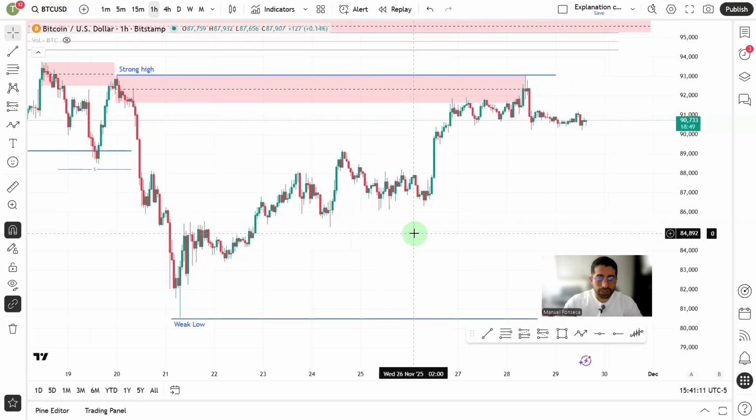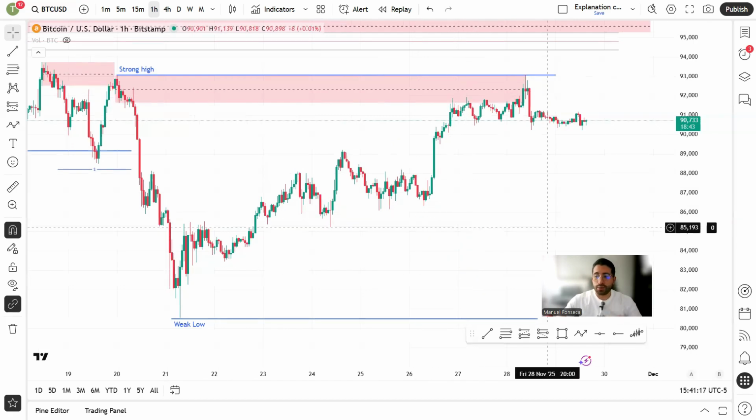But now we're just gonna put into practice the three patterns of liquidity that we have covered today, which are equal highs and lows liquidity pools, trend lines, and double tops, double bottoms.